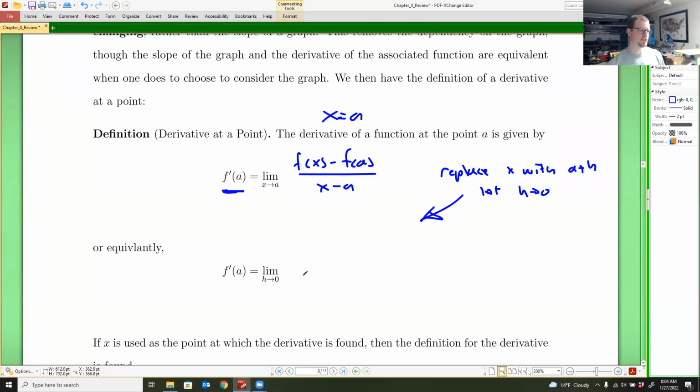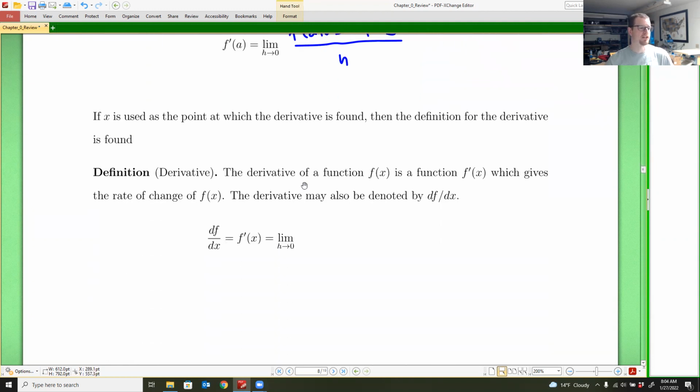Then I get this alternative definition, and I have f of a plus h minus f of a divided by a plus h minus a, which would just be h. And this alternative definition is what we use when we start talking about the general derivative of a function. So this is the derivative at a specific point.